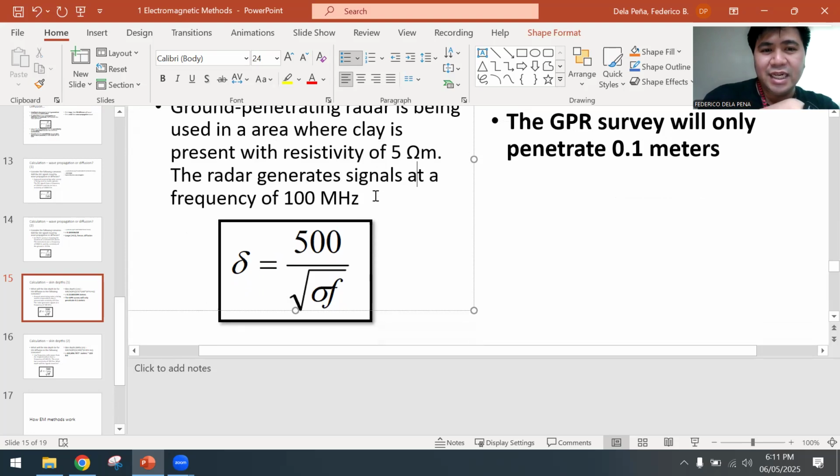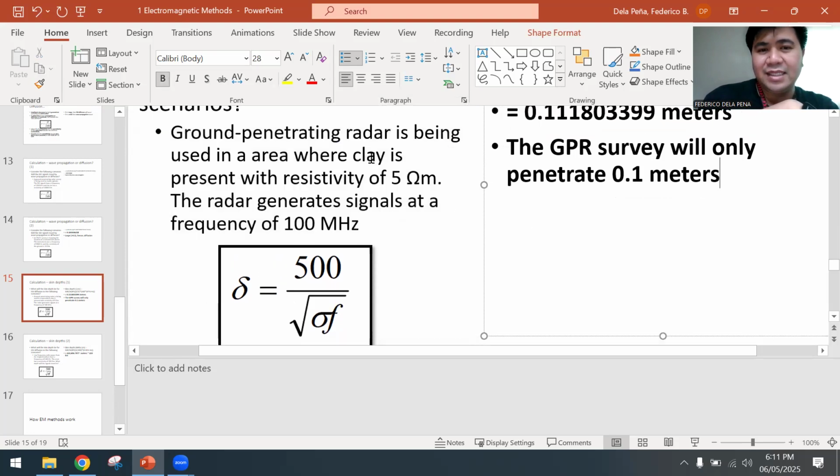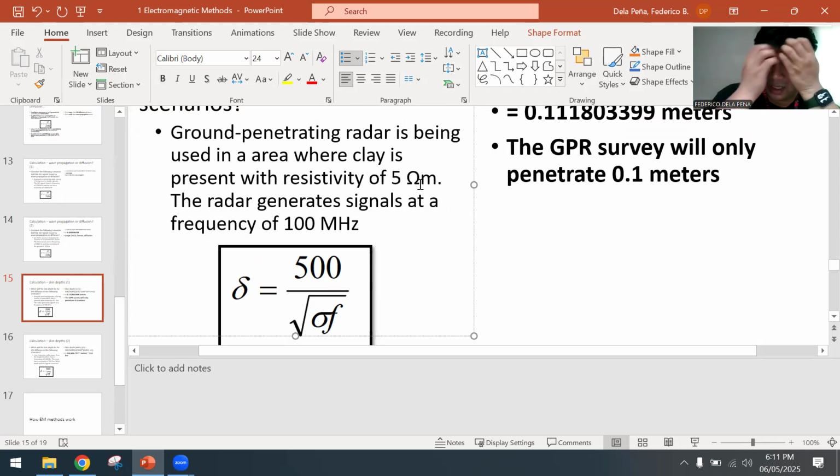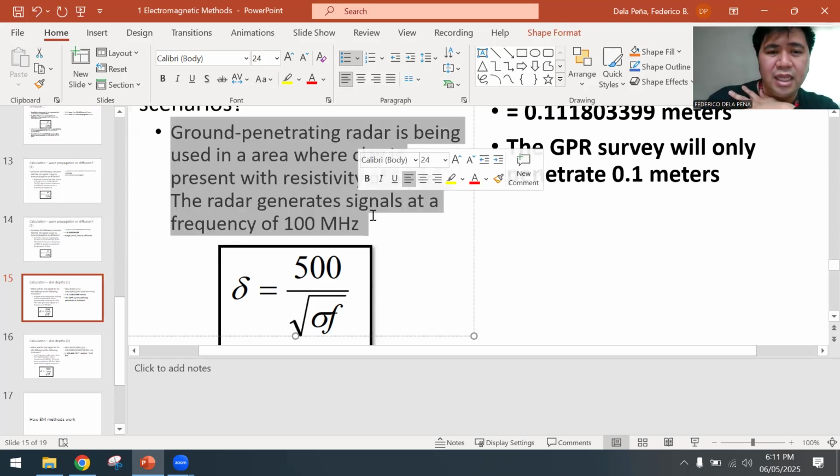And I'm just going to demonstrate here why clays are the bane of existence for GPR. So you have a clay soil with a resistivity of 5 ohm meters. Again, this is typical for clays; you get something like 1 to 10 ohm meters resistivity.